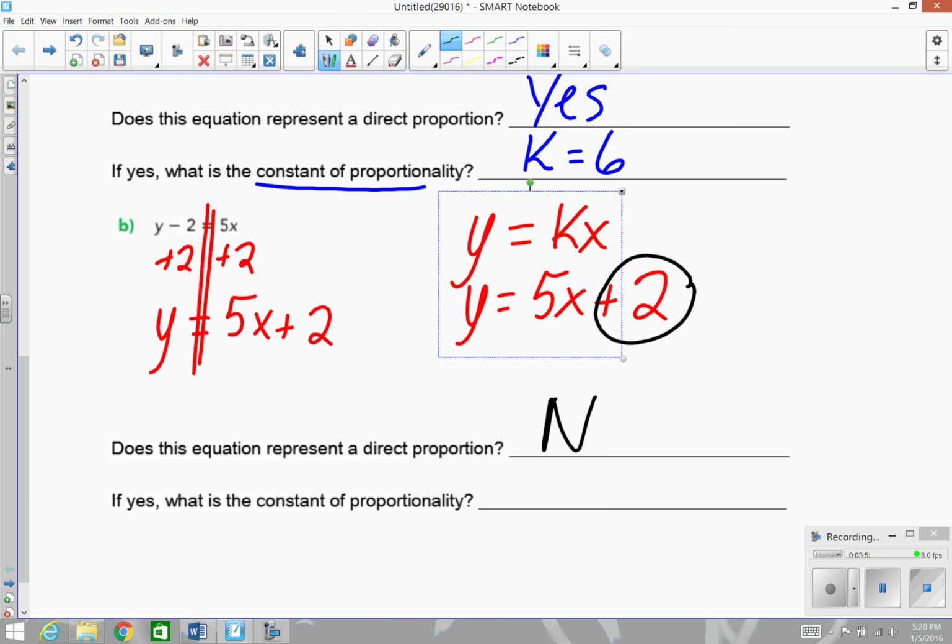So the answer here is no, this is not proportional. Therefore, there are no constants of proportionality. Go ahead and pause, rewatch, get your notes taken, and then flip the page for some practice.